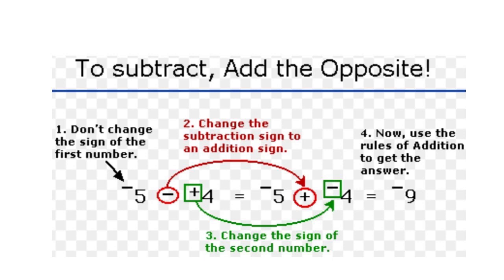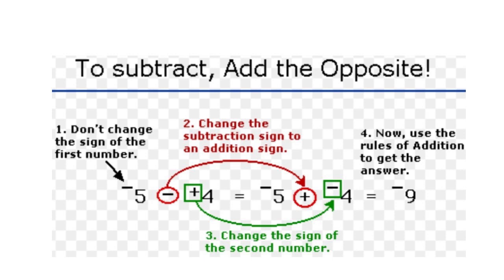Suppose you have to subtract 4 from minus 5. Minus 5 minus 4. This is the question. Don't change the sign of the first number. The first number is minus 5. It will remain as such. Change the subtraction sign to an addition sign. Do you remember? We have done this for subtraction on the number line also. So this minus sign is changed to plus.